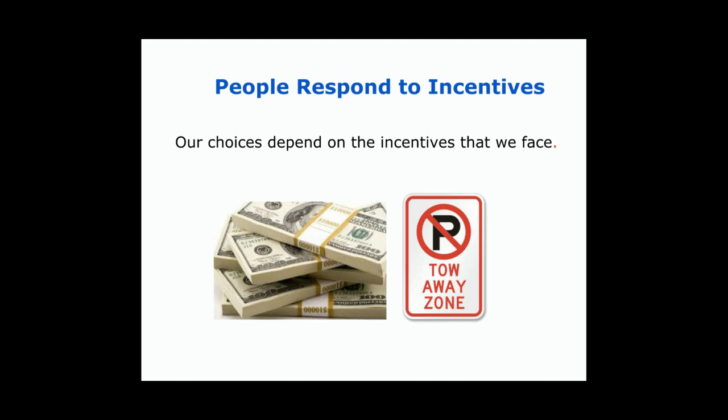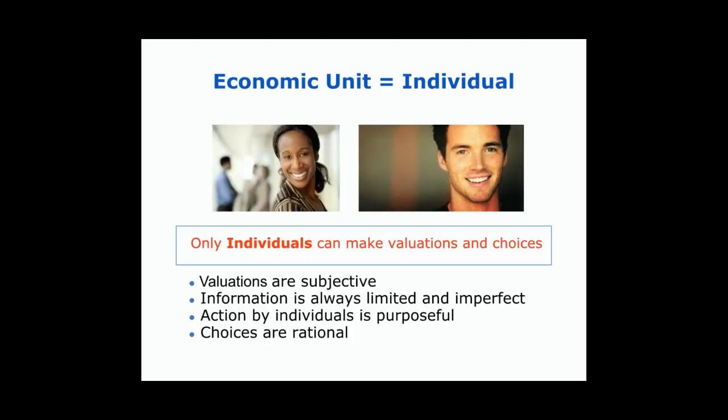We make these choices in the context of incentives, and incentives can be positive in the form of rewards or negative in the form of penalties. And so our choices really depend very heavily on the incentives. They're the context for our choices. And the economic unit that we're interested in is the individual, because only individuals can make choices, and only individuals can make the valuations that choices are based on.